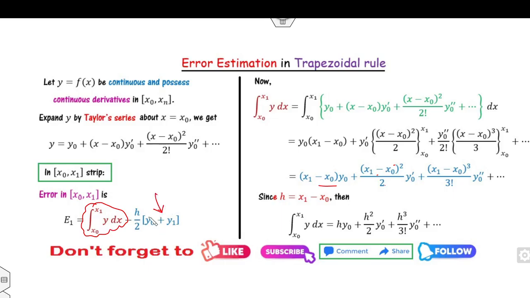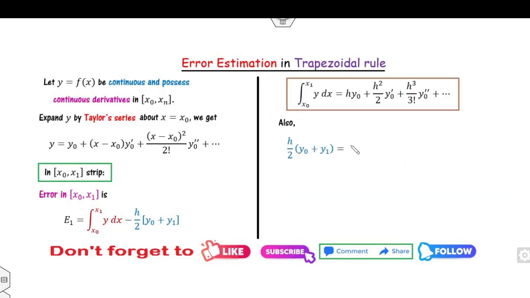Now I can find the value of h over 2 into (y0 plus y1). What is y1? y1 means the value where x is x1. So I can substitute x as x1 in this equation. The equation is y0 plus (x1 minus x0), and x1 minus x0 is h.